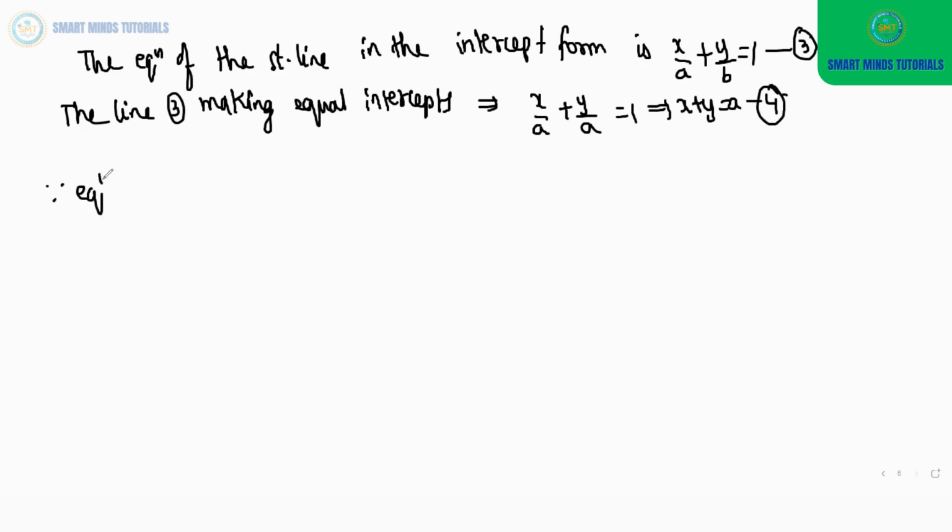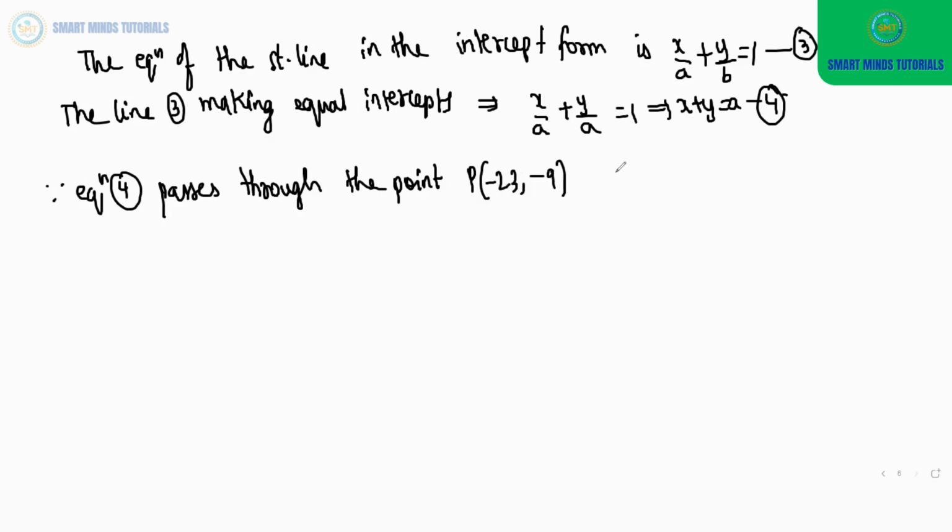Now since equation number 4 passes through the point P(minus 23, minus 9), we substitute. In equation number 4, we substitute x and y as minus 23 and minus 9.